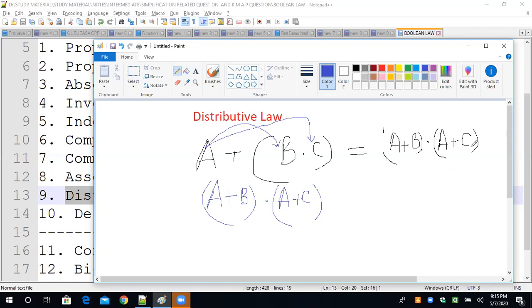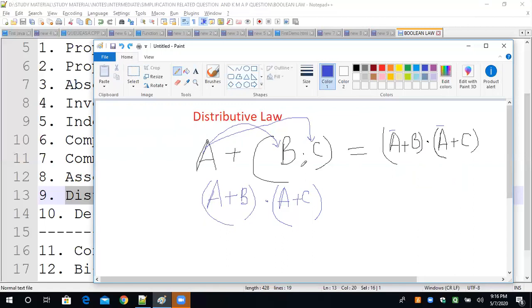So A plus B and A plus C, here we can see that A is common in both. So I've just taken A as common, then I write the plus sign and B dot C. Okay, just look here.